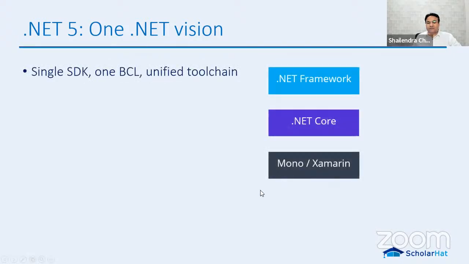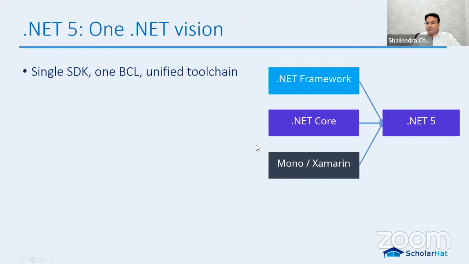So let's start with what is .NET 5. .NET 5 came with one .NET vision. It means instead of having three different versions of .NET, because before .NET 5 we had three different versions of .NET for building different types of applications. So we had the .NET Framework 4.x, the .NET Core 3.1, and Mono.